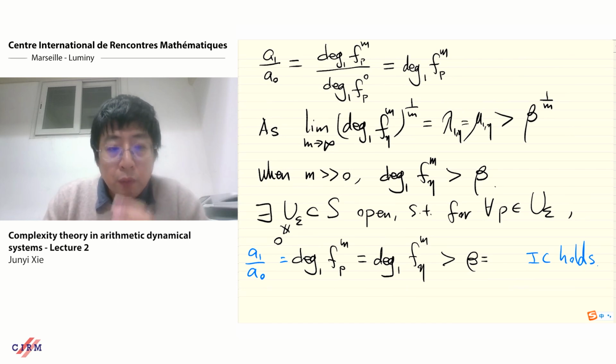So now if we pick m sufficiently large, then this degree 1 of F_eta^m is larger than beta.